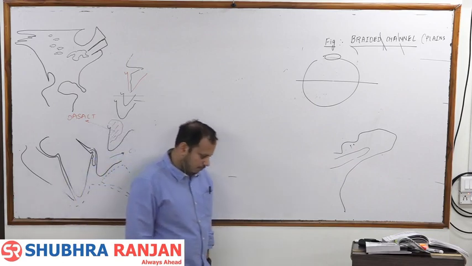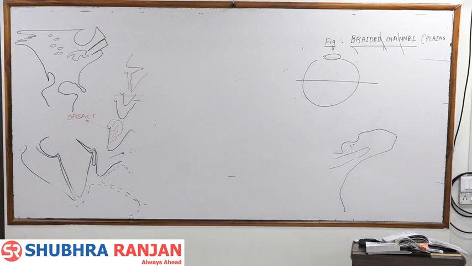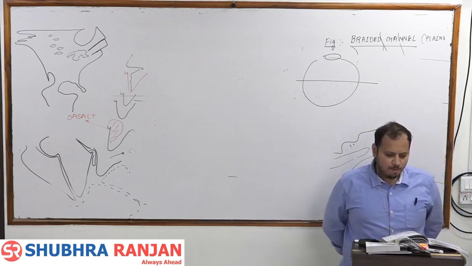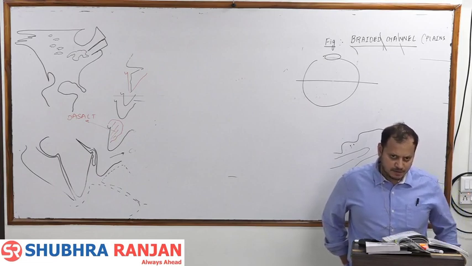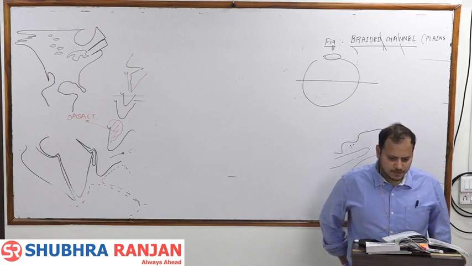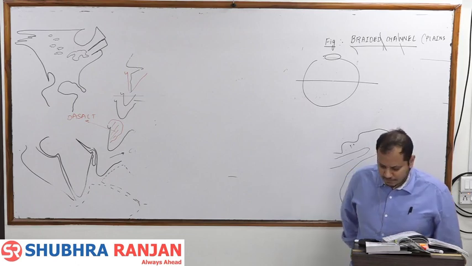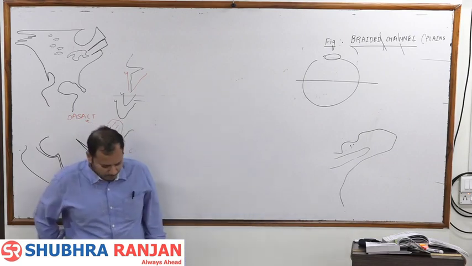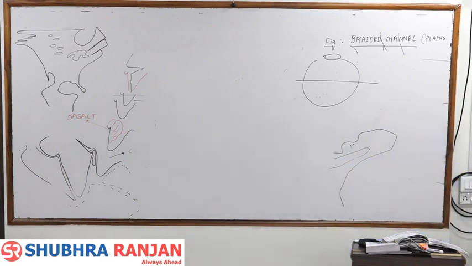This is due to fluctuations in the climatic conditions, such as alternate warm periods followed by periods of glaciation.